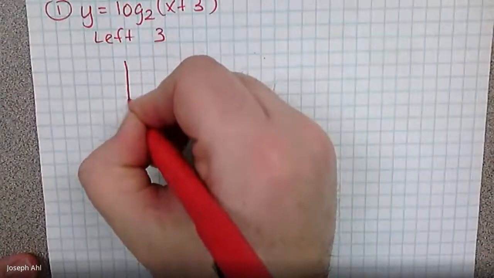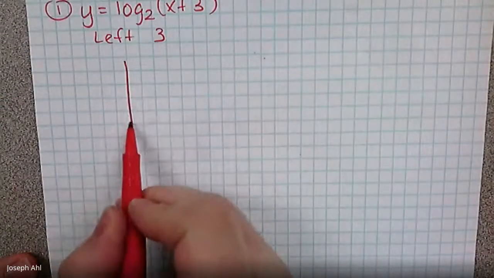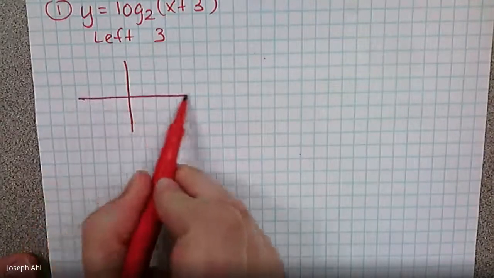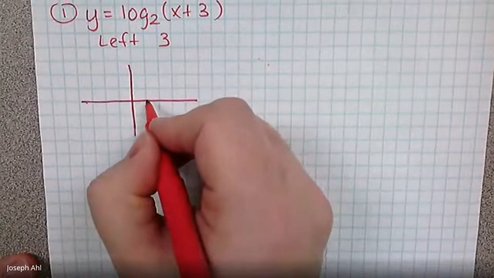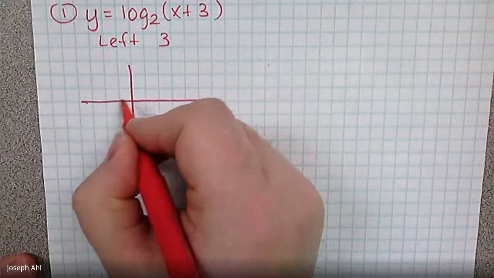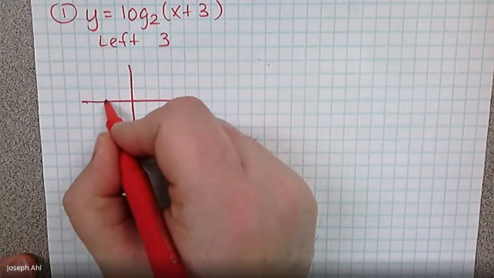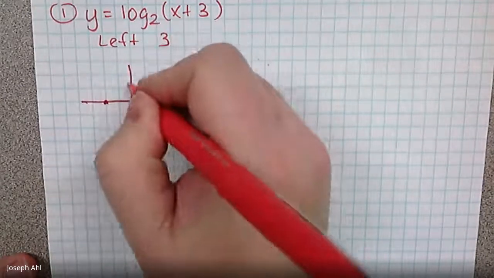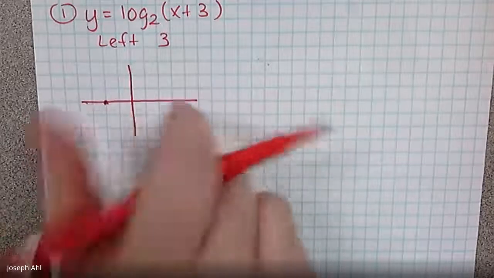So if I compare this to this graph up above, shifting everything to the left 3, if we had an x-intercept before at 1, it's now going to move over 1, 2, 3 to (-2, 0). There's my new x-intercept. The vertical asymptote, when I shift horizontally, will move with it.